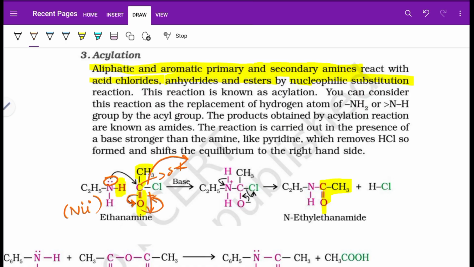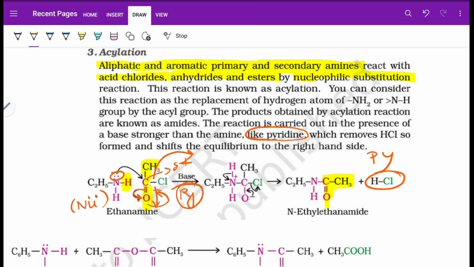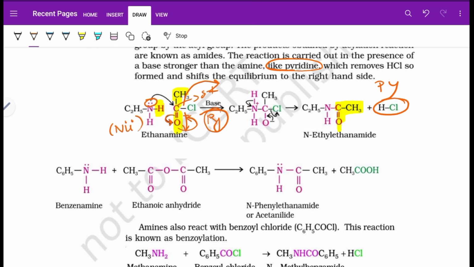So we can assume that there is ultimate elimination of HCl, and hence this reaction is catalyzed by an organic base like pyridine, which assists in removal of HCl and hence drives the reaction forward or shifts the equilibrium towards the right hand side. So this was the example with acid chloride.